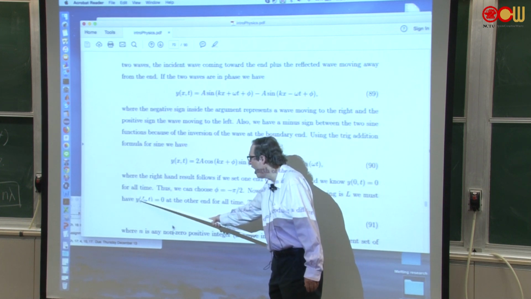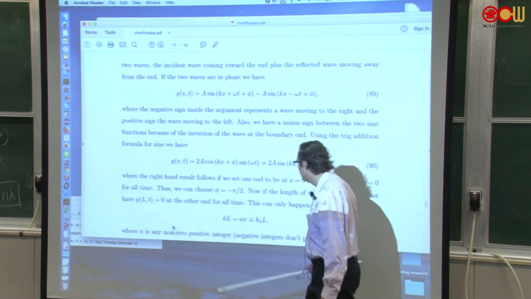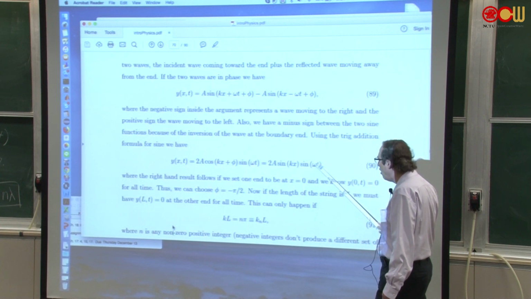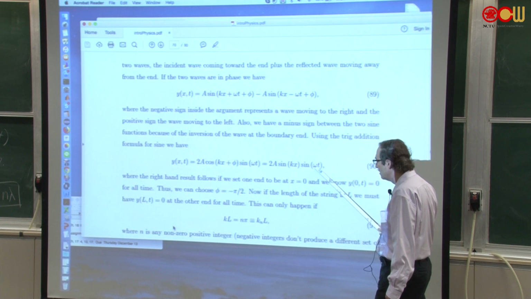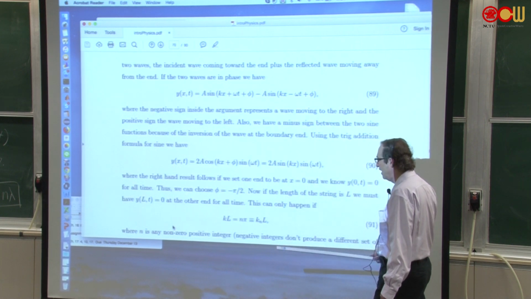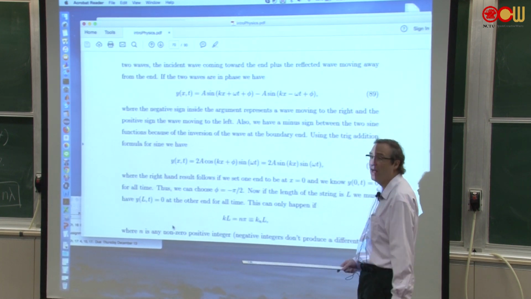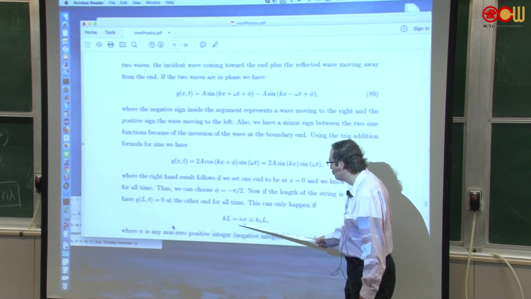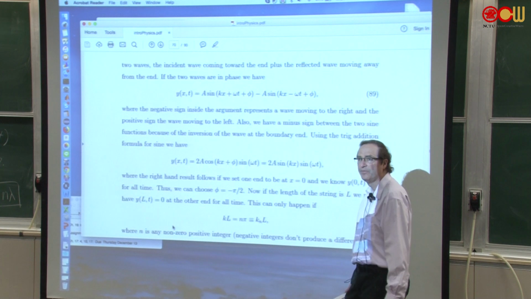So we want y at L of t to equal 0. So this has got to equal 0 for all values of t, at x equals L. Well, the only way that happens is if kL is an integer multiple of pi.